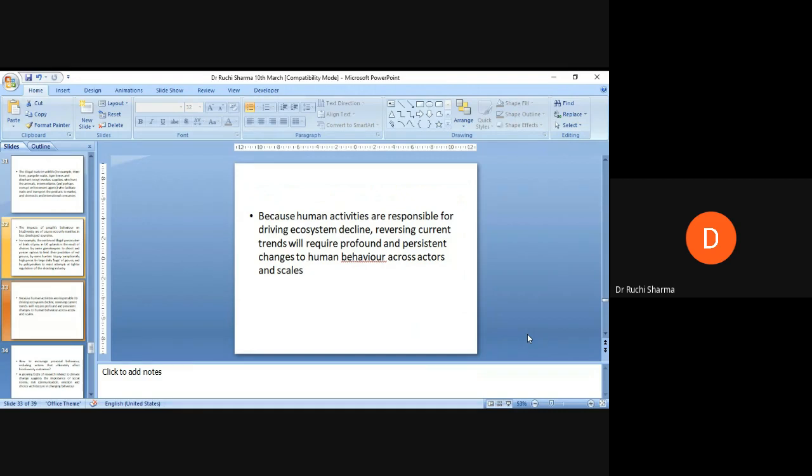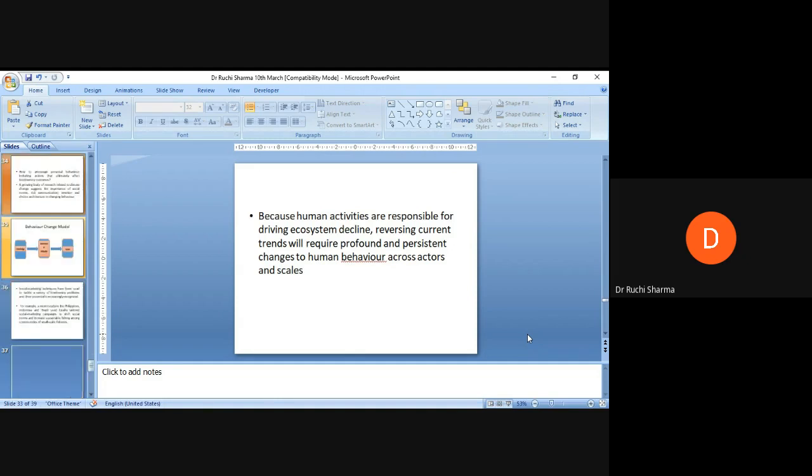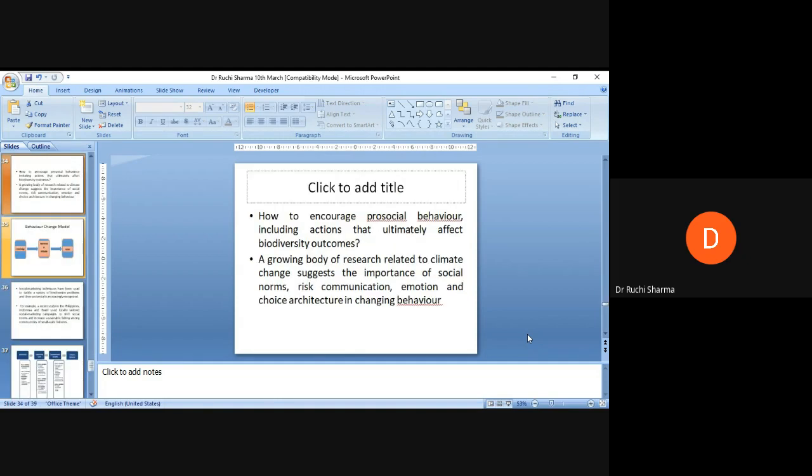Because human activities are responsible for driving ecosystem decline, reversing current trends will require profound and persistent changes to human behavior across actors and scales. Therefore, it is essential to bring a mechanism to change the behavior of the people.